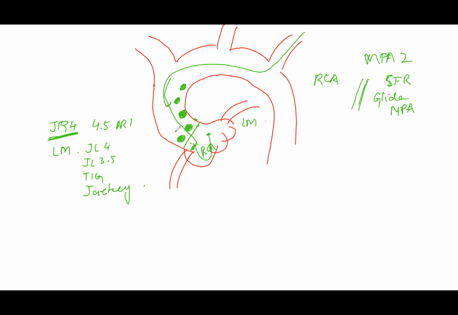And for the RCA, I like to do it in the LAO or in AP view, because in LAO and AP view, it looks like RCA is coming out from the left aspect of the screen, of the aorta. Let me clear that all again.